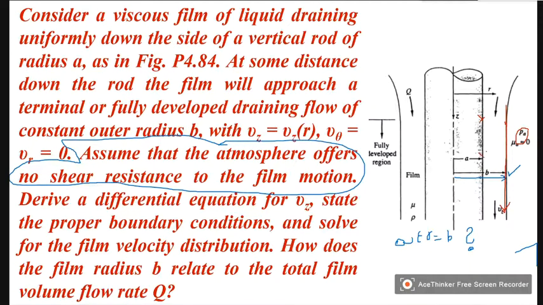any point if you take, either Z1 or Z2 or Z3 from the origin, everywhere the pressure is the same, atmospheric pressure.